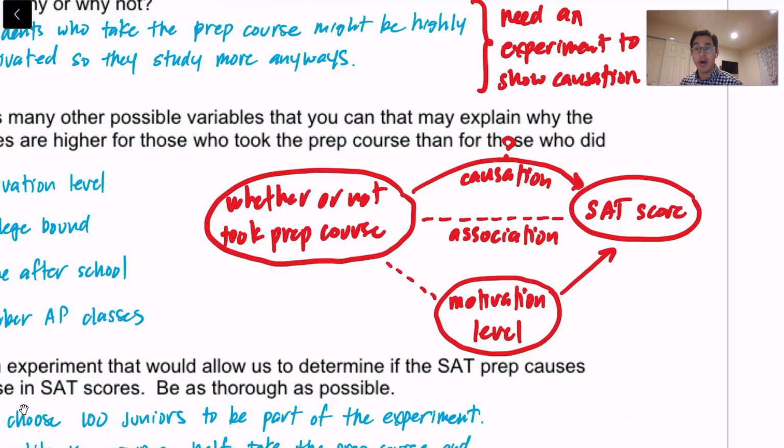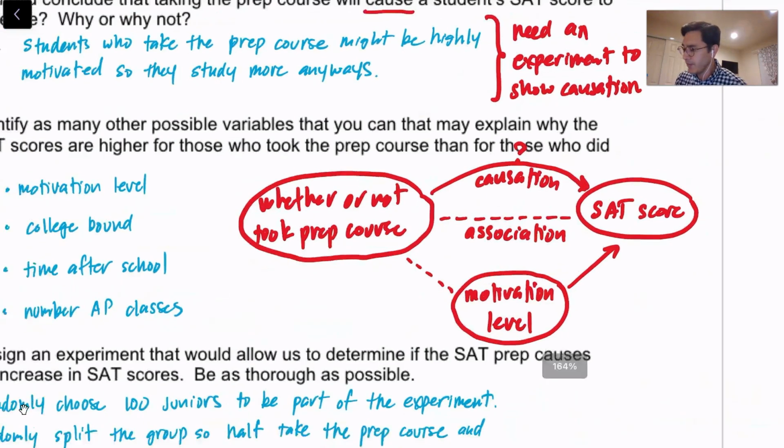And there's probably going to be some cause and effect between motivation level and the SAT score. All we know at the moment is that there's an association between taking the prep course and getting a higher SAT score, but we can't quite pin it down on the course itself. We can't say the course is the reason why, or the cause why, the SAT score was higher.